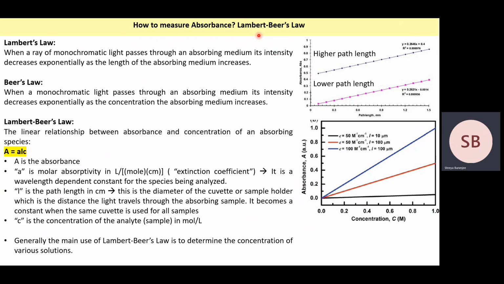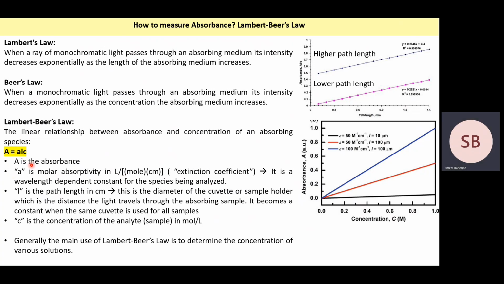Now let's look at Lambert-Beer's law. So Lambert-Beer's law is essentially absorbance equal to ALC, where A is the molar absorptivity or extinction coefficient, and it is a wavelength dependent constant for the species being analyzed.